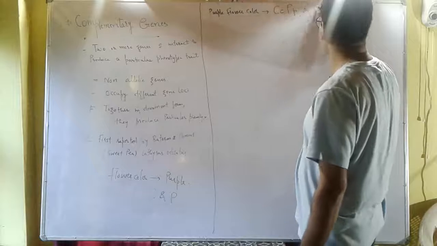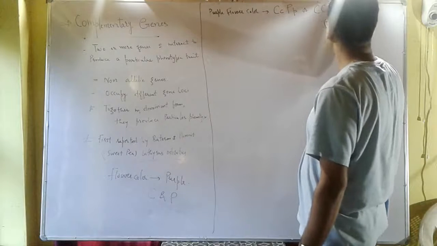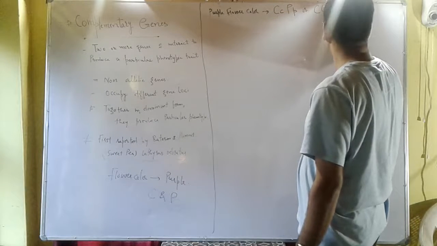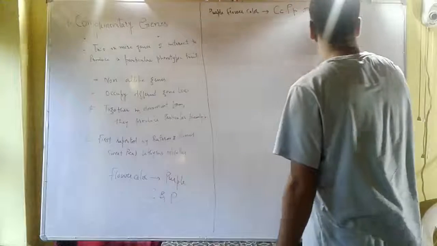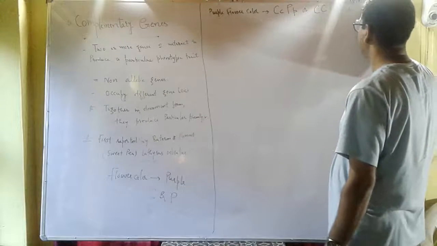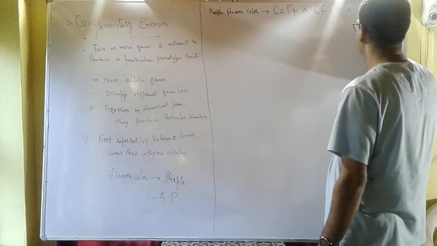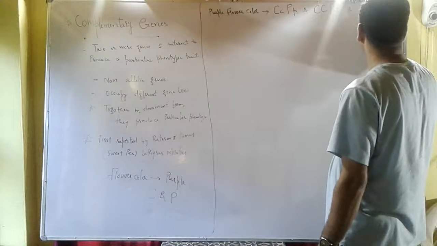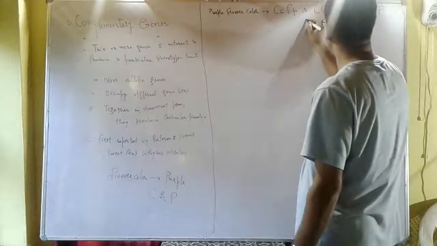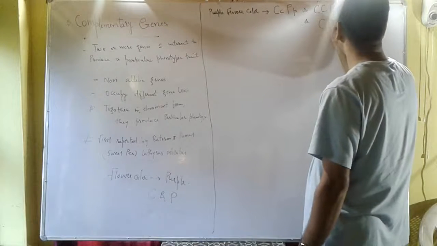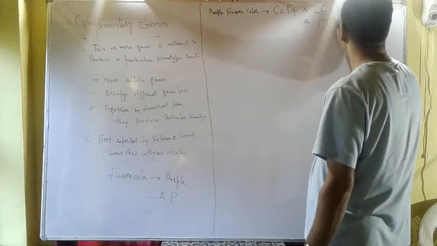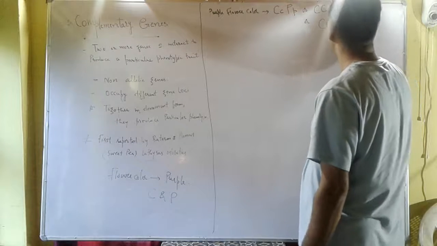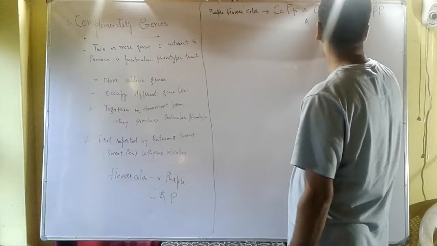Or the genotype can be capital C, capital C, capital P, capital P. Or capital C, small c, capital P, capital P. Or capital C, capital C, capital P, and small p.